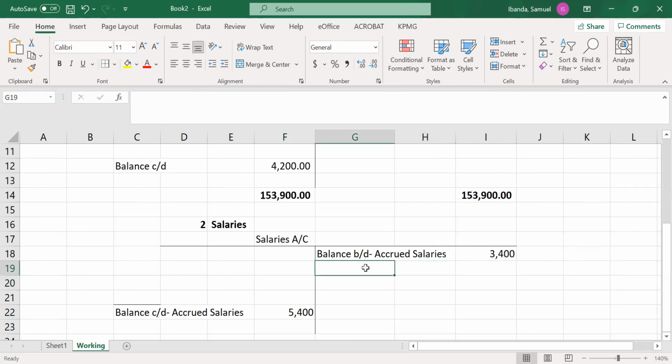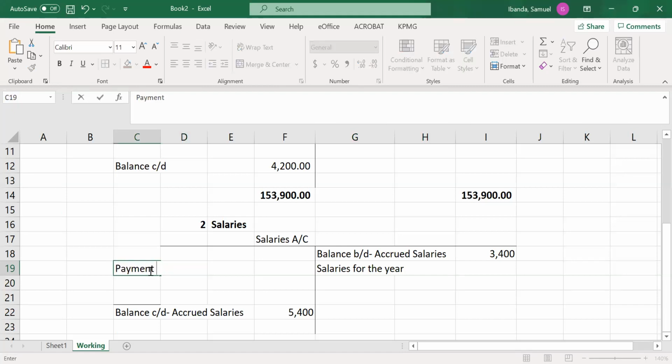What increases are salaries for the year. Salaries for the year are recorded on this other side, while the payments toward salaries are on this side. Payments for salaries.